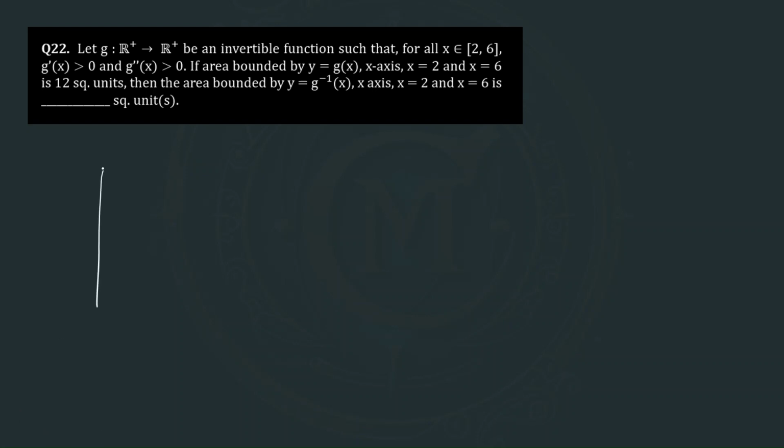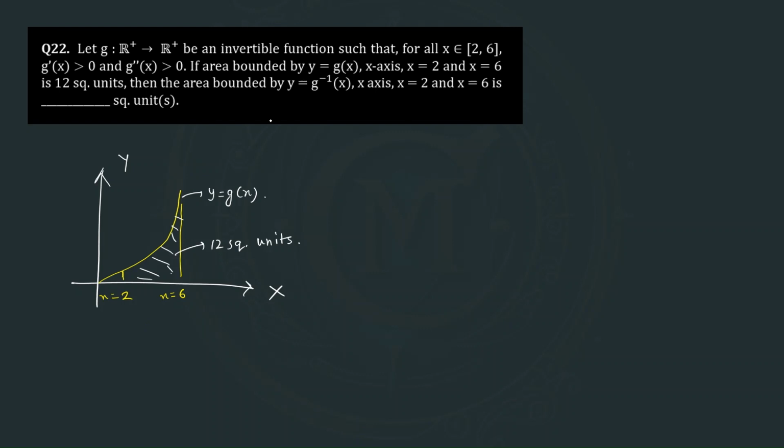So here is the axis. This is the function g(x), let's say. So here will be 2 and here will be 6. This is y equal to g(x), and this area is given to us as 12 square units.